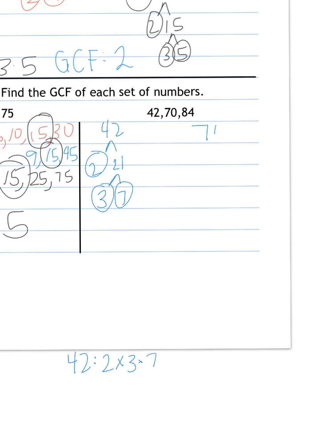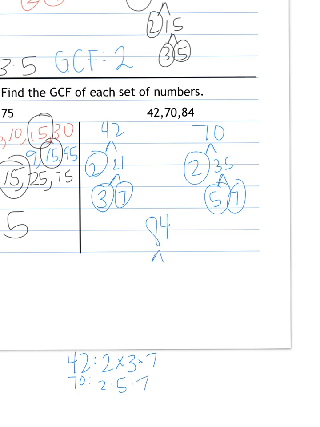Next one, 70, 2 and 35. Then I'm going to break this up into 5 and 7, both of those being prime. 2 times 5 times 7, and then 84.